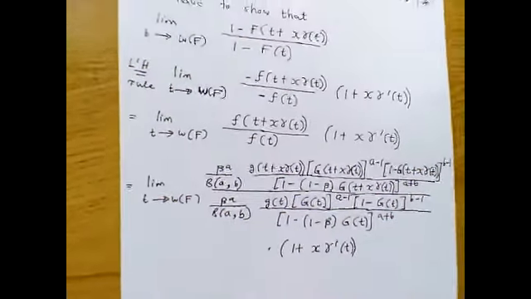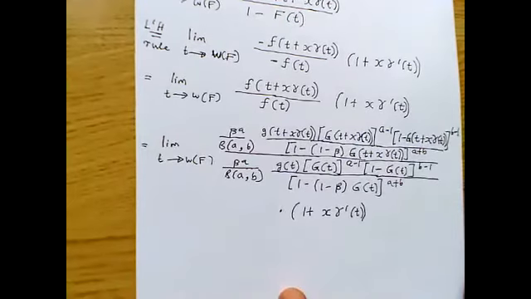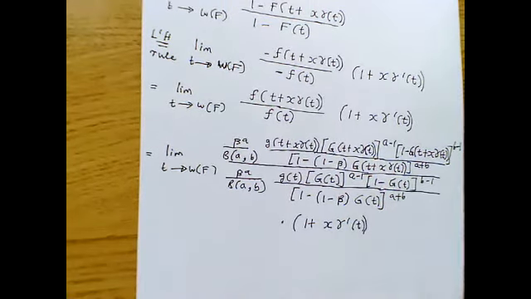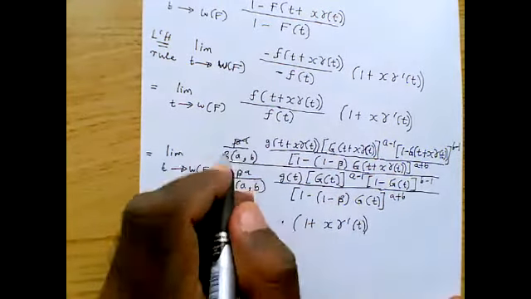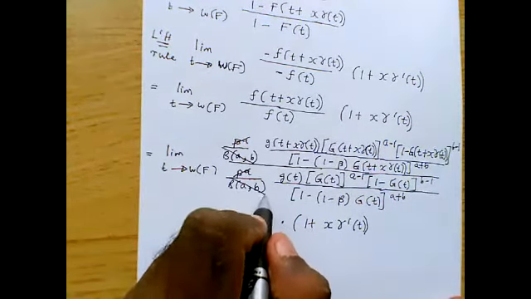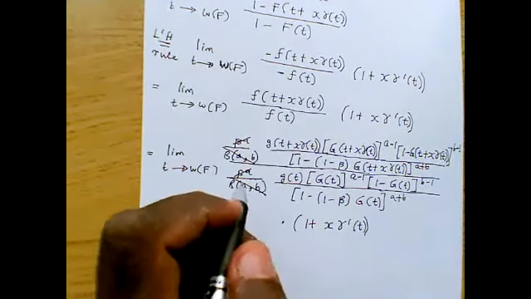All right. Okay. So this is what you have. It looks a bit messy. You see that this guy here will cancel out with this one. This cancels out with this one. All right.